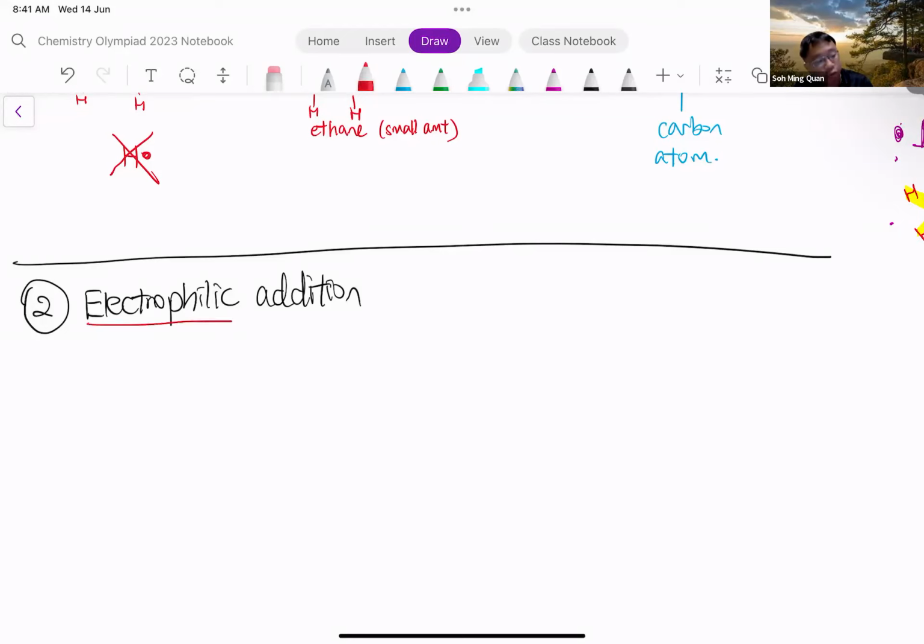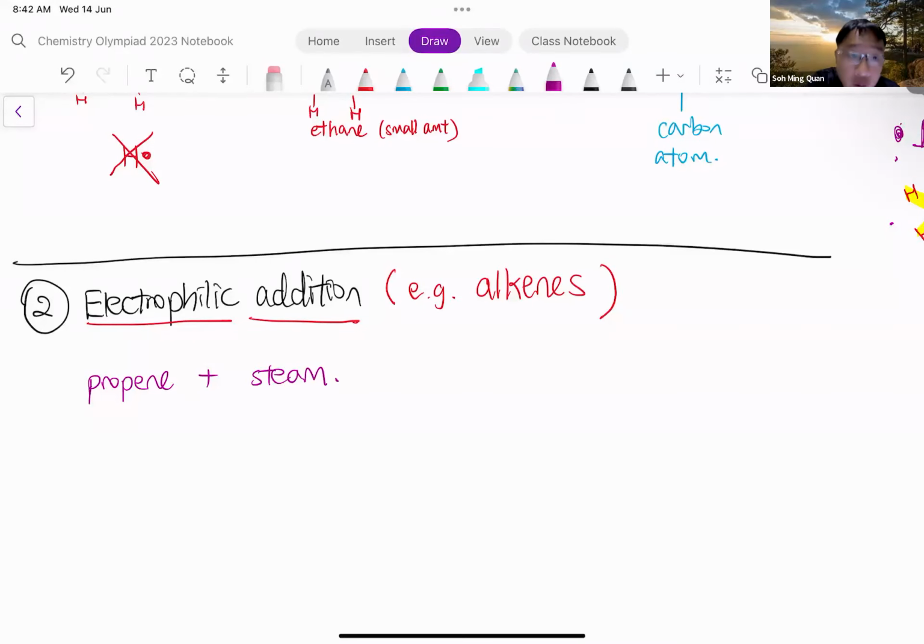Remember, electrophilic addition is how alkenes react with hydrogen, bromine, and so on. Today, we will see the reaction of an alkene with steam. I'm going to use propene plus steam as an example to show you the mechanism.